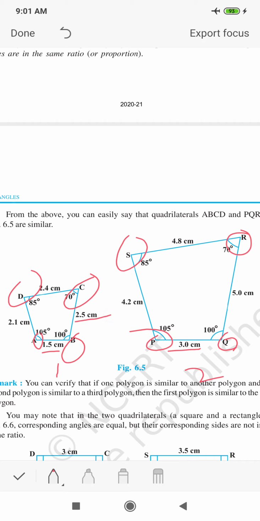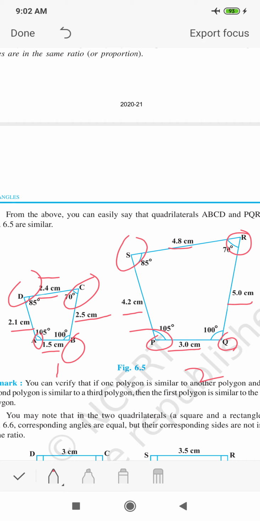BC is 2.5 and QR is 5.0, so QR is double BC. CD is 2.4 and RS is 4.8, so RS is double CD. AD is 2.1 and PS is 4.2, so PS is double AD. So the sides of PQRS are double the sides of ABCD, isn't it?